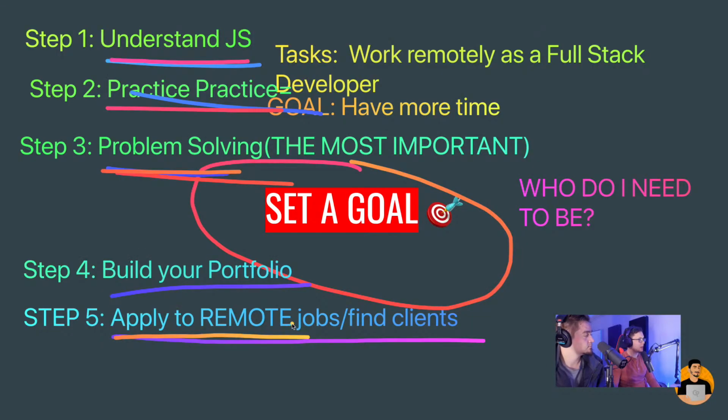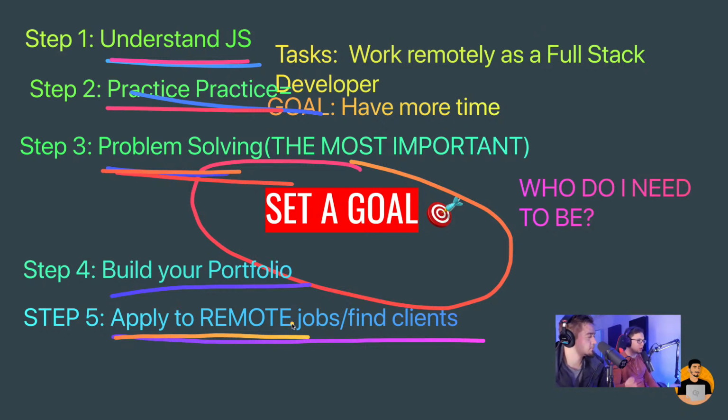Who do I need to be? That's a big question. Who do I need to be to do all these things that I want to do? Who do I need to be to be a problem solver? Who do I need to be to apply for remote jobs and find a full stack developer job? That is the question. Who do I need to be?